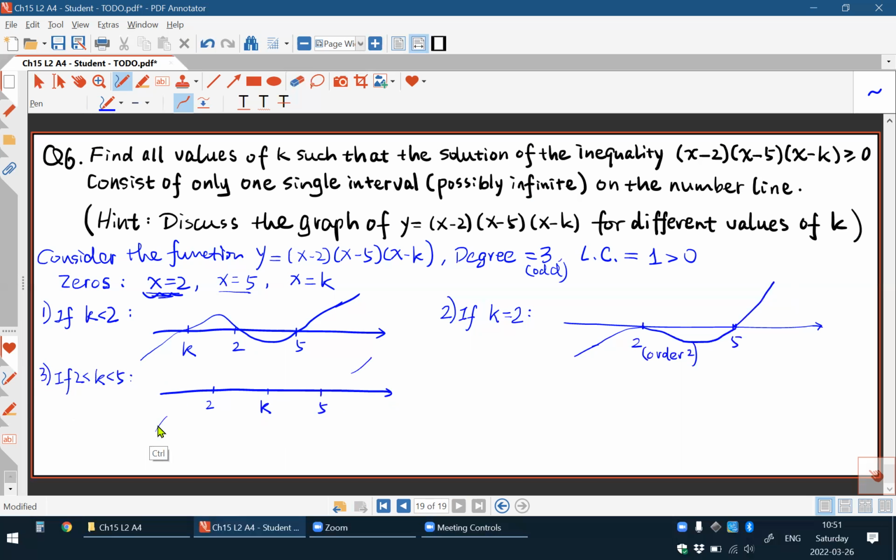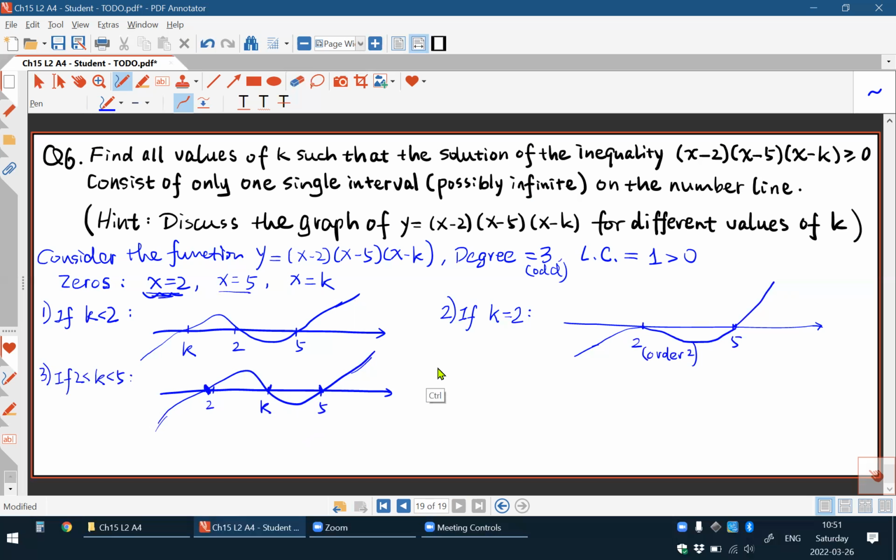First of all, the function will go this way, and again, at each of the zeros, the order is just 1. So the function changes the sign at each of the zeros, right? So it will go like this. Change the sign at each of the zeros.